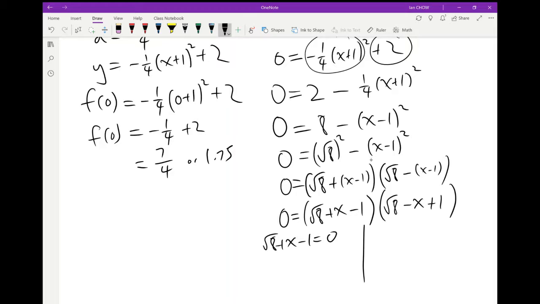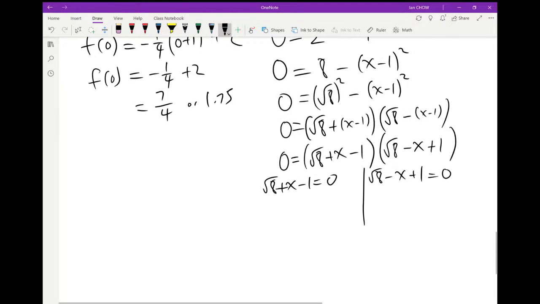And on the right side, we have root 8 minus x minus 1 equals 0. And then we have to find x. So x is equal to 1 minus root 8 on this side. And then x is equal to 1 plus root 8 on this side. So that is our two solutions.